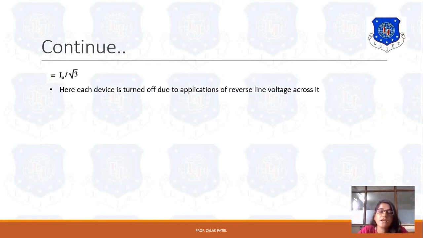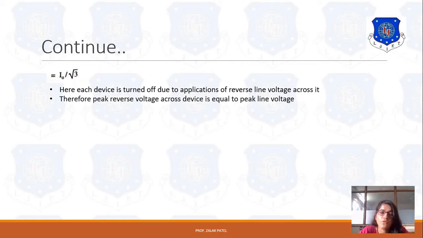Now what will be the case for forward as well as for reverse? Here each device is turned off due to the application of reverse line voltage. When we apply the reverse voltage, it will be turned off. Therefore the peak reverse voltage will be equal to the peak line voltage, and the peak forward voltage will be equal to the peak line voltage again, but the sign is positive or negative.